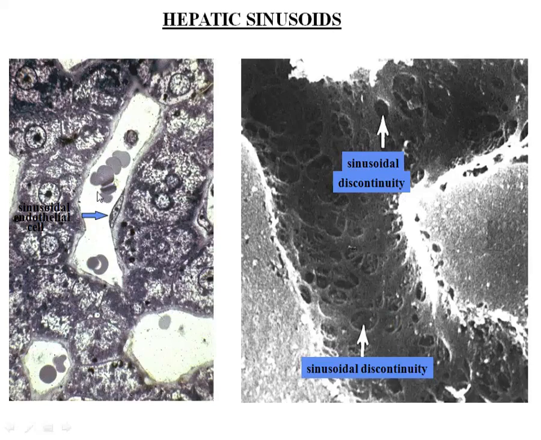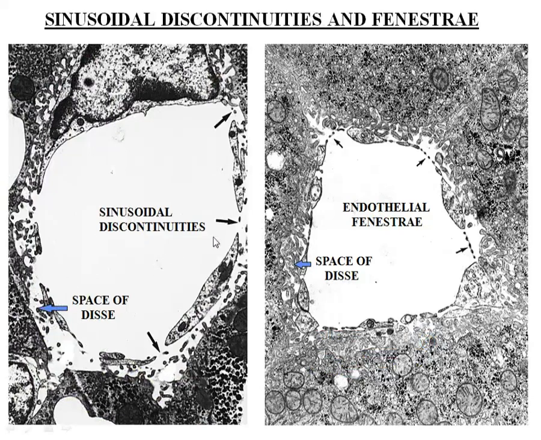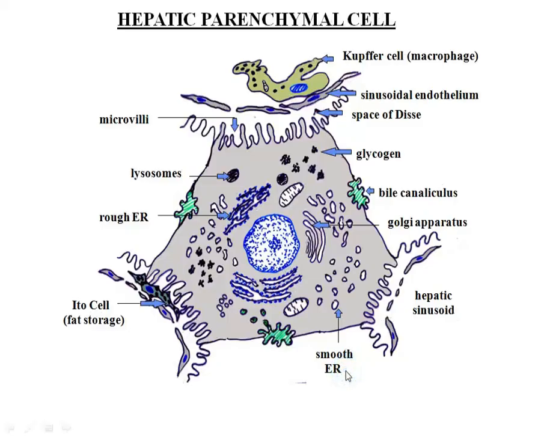This is the gap through which the RBCs are flowing, that means blood is flowing, and all these surroundings are the hepatocytes. On another side of this hepatocyte, there is a bile canaliculus. So here again the sinusoidal discontinuity, or you can say the discontinuous capillaries, that means the sinusoids, let blood ooze out and reach the hepatocytes.